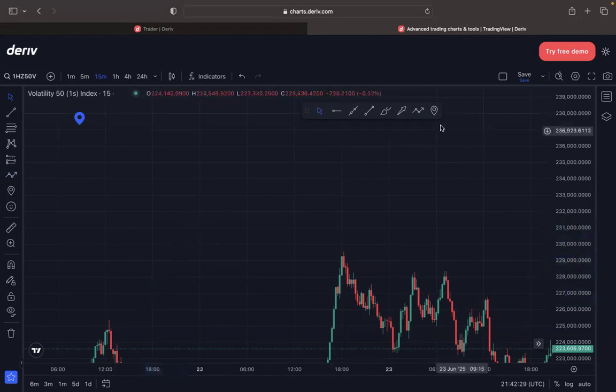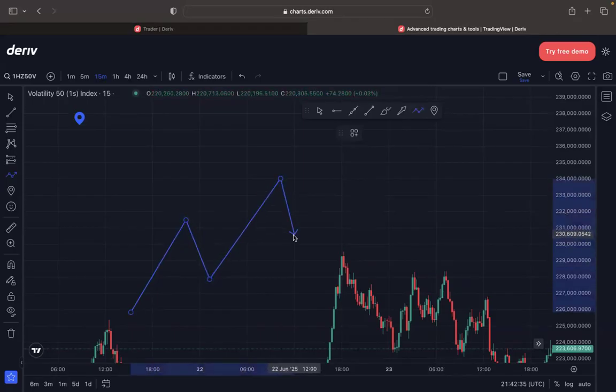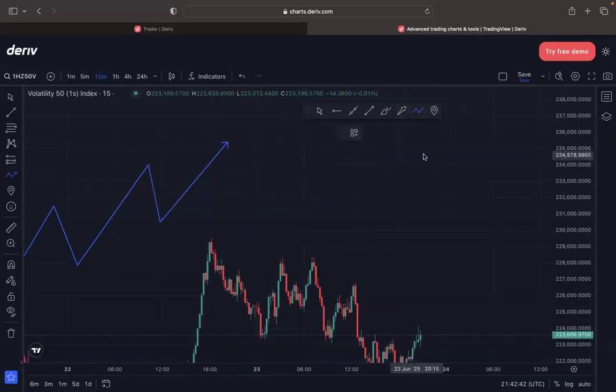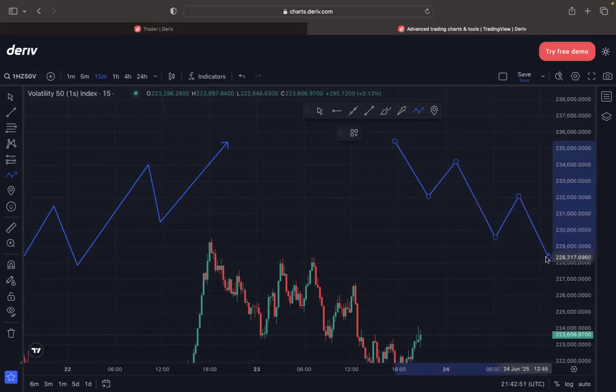And the market will always move in three ways, right? Either the market is going up like this, or it is coming down like this, or it is going sideways like this.